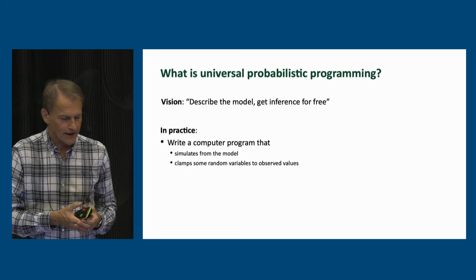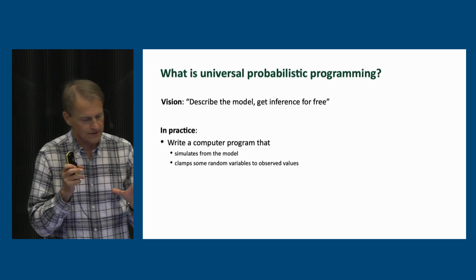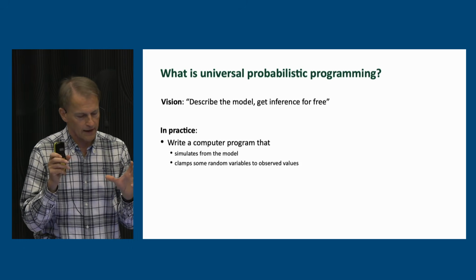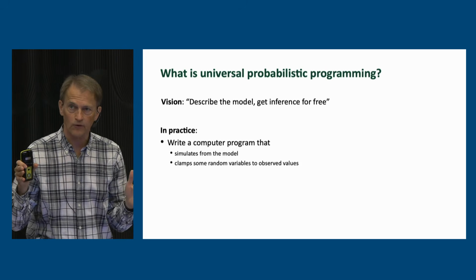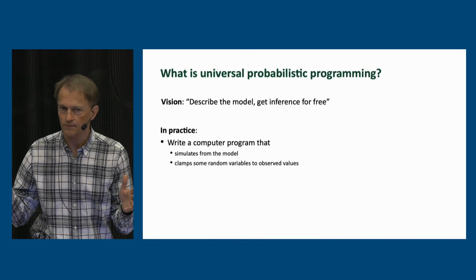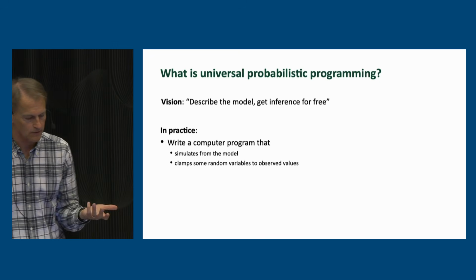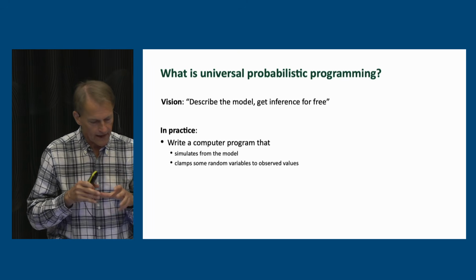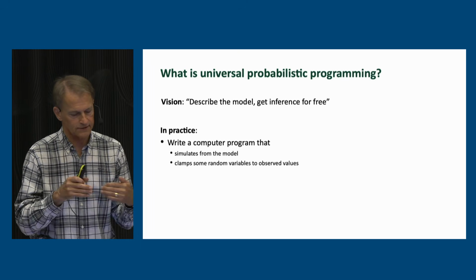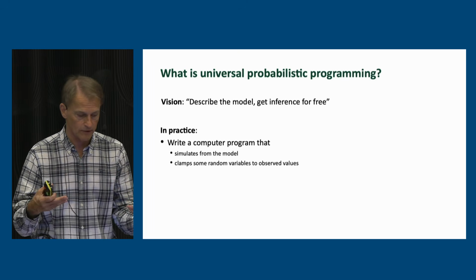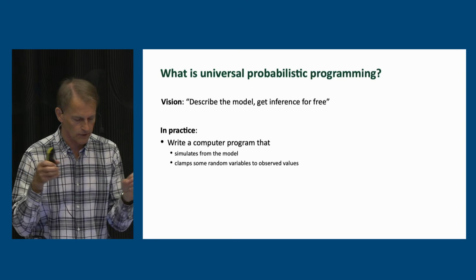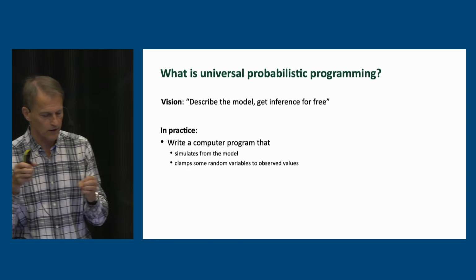And in practice, I think maybe it differs a little bit because we ask the user to write a computer program, really like a classical computer program, the way that a user specifies the model in Tree People. And the computer program, you can think of it as a program that simulates from the model, and it clamps or associates some random variables with observed values.